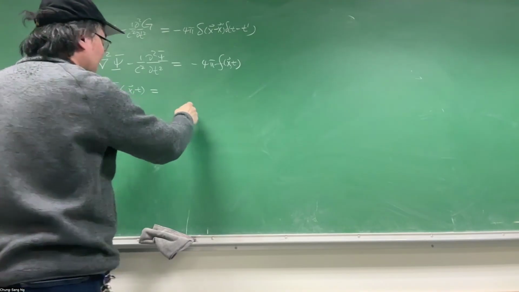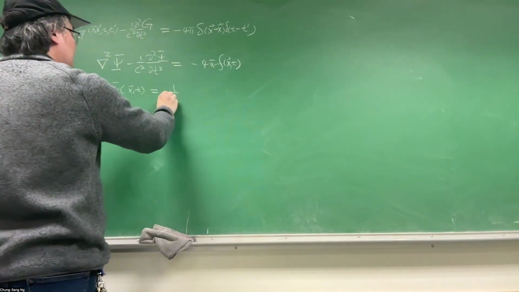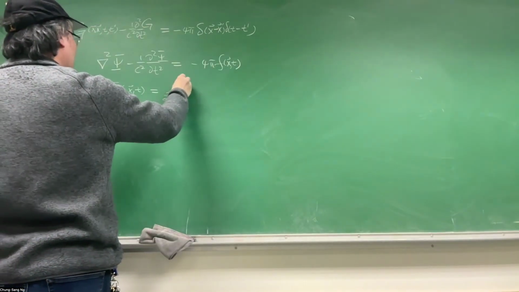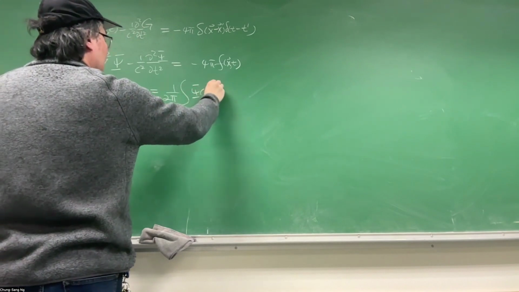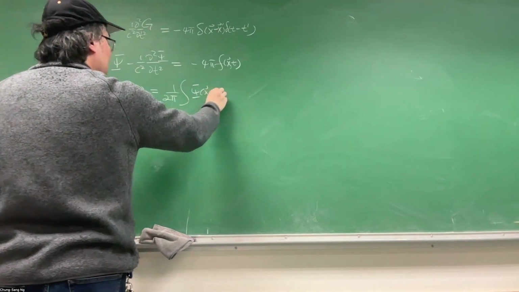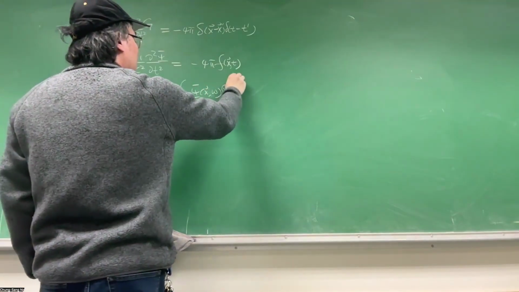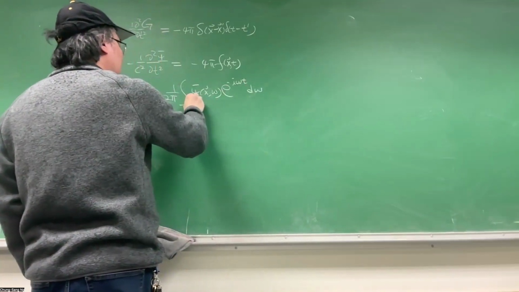I think using Jackson's notation, he puts the 1/2 pi part in what we call the inverse transform. Phi of x and omega is the integral over t, from minus infinity to infinity.